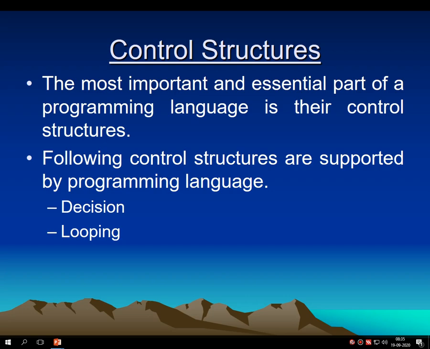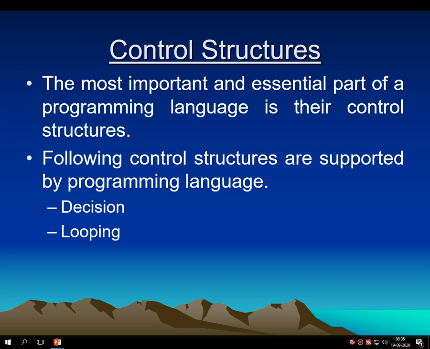In our previous lecture, we started with the control structure and discussed its definition and the types of control structure, which come in two different formats. One is decision making and the second is looping.